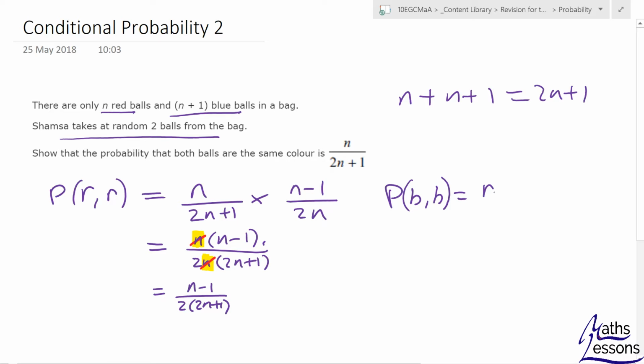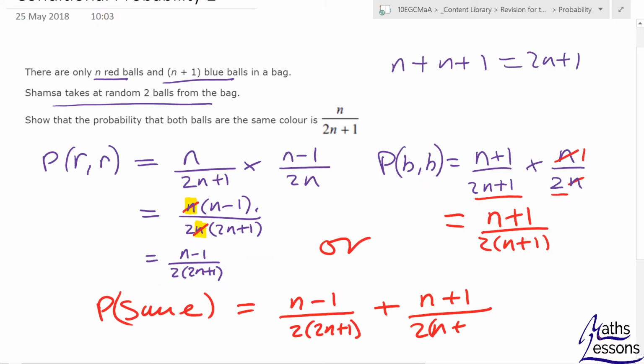So that's the probability to get blue followed by blue, or red followed by red. So now the probability of the same is an OR situation. So we add these together. n minus 1 over 2 brackets 2n plus 1, plus n plus 1 over 2n plus... I've made a mistake.